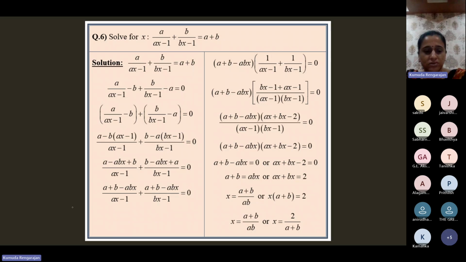So you should be able to understand this, student. So you have the same terms in the numerator. So take out common, then LCM. When you cross multiply, the denominator is gone. And then you're solving for x.